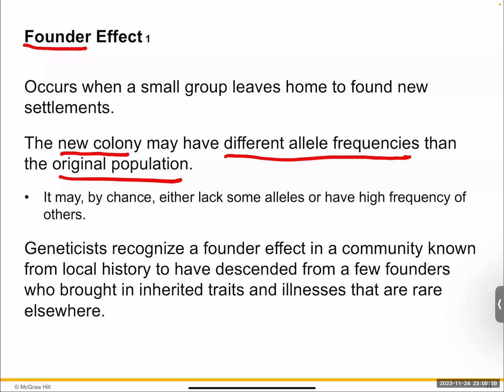And some of these founder effects have led to specific medical conditions or illnesses that have been carried in the population, where in the original population that number would be significantly lower. But because you have these isolated colonies as a result of the founder effect, the effect of that medical condition would be more significantly visible compared to the original population.